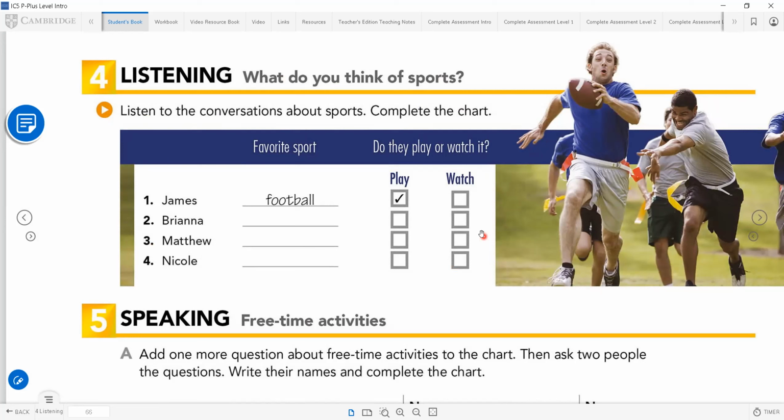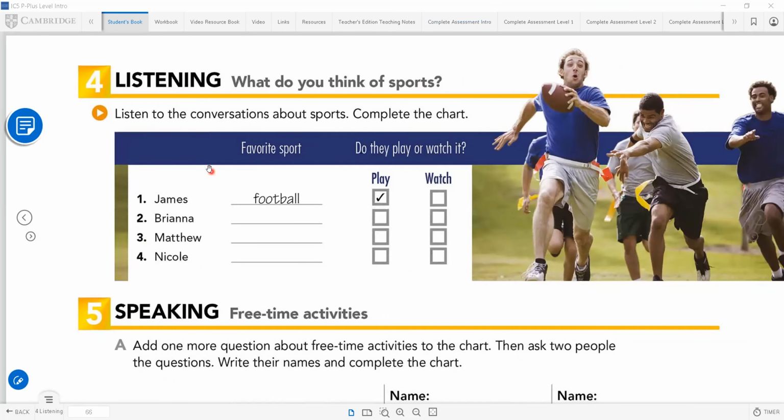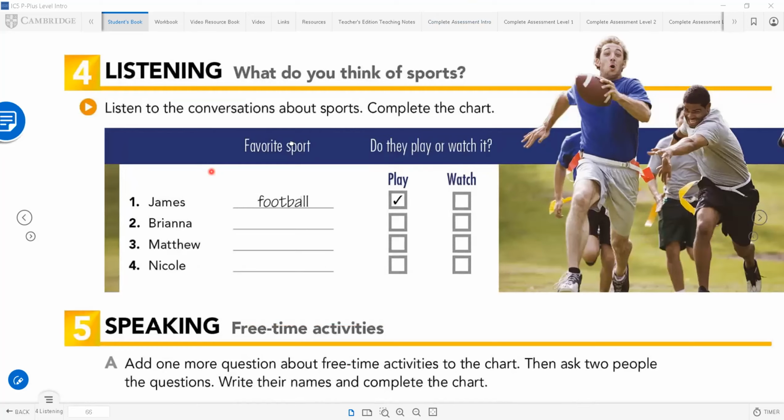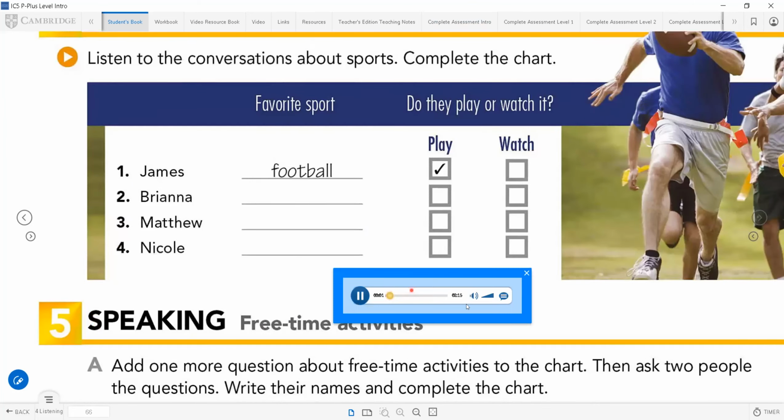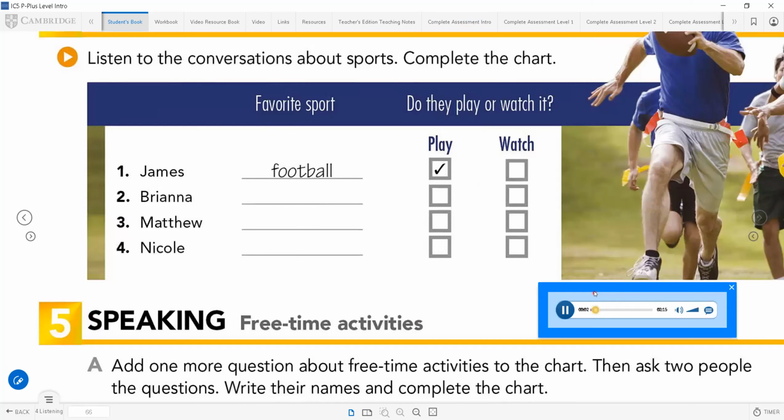Listen to the audio and write the answers. Page 66. Exercise 4. Listening. What do you think of sports? Listen to the conversations about sports. Complete the chart.